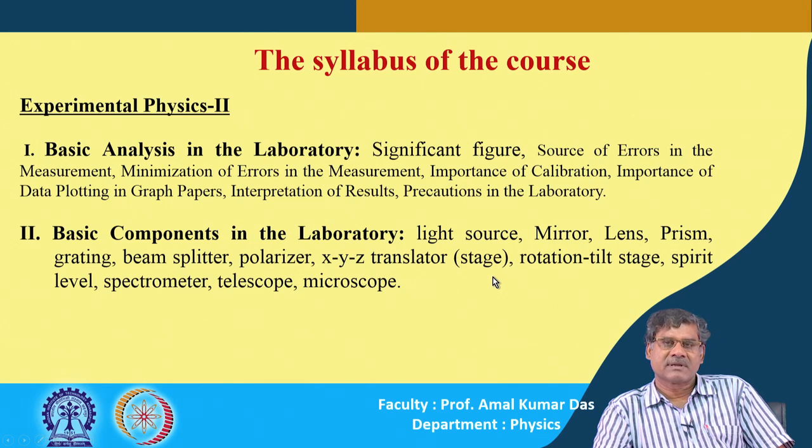And the spirit level, of course, is used for leveling the spectrometer, and the spectrometer itself is very important for optics experiments. So, we will discuss the spectrometer, what its construction is, what components are there in the spectrometer, and what the purpose of the different components is. Also the telescope and microscope are very important components for optics experiments, and they also have general use.